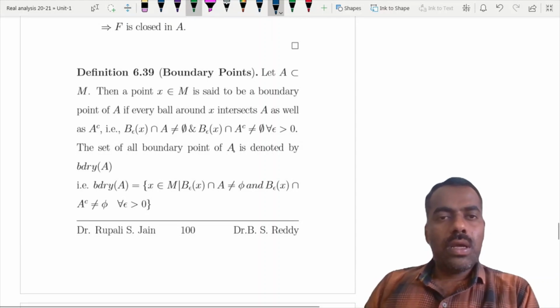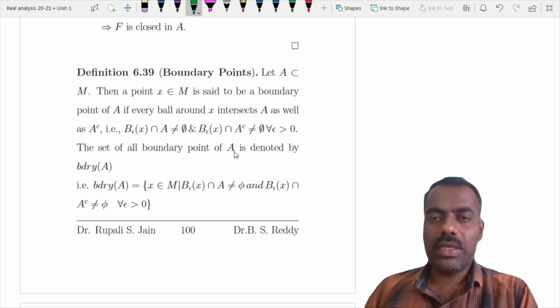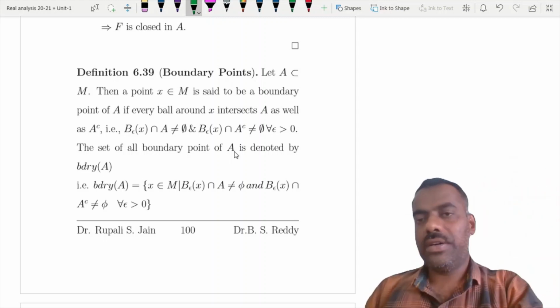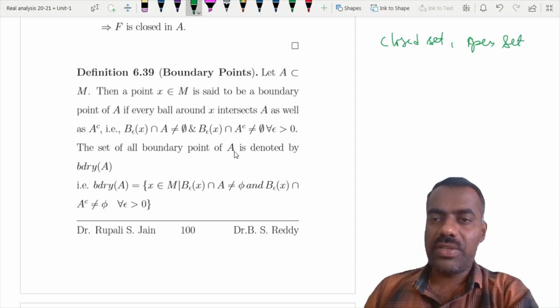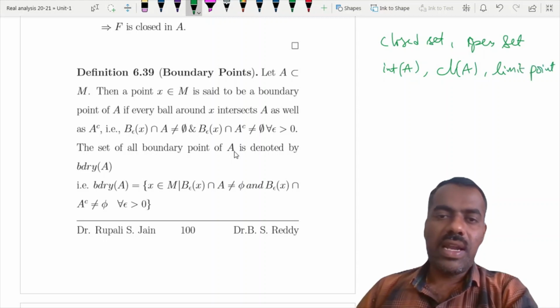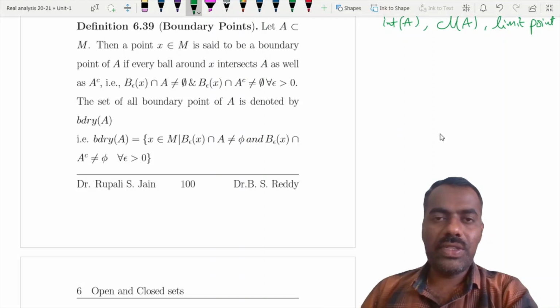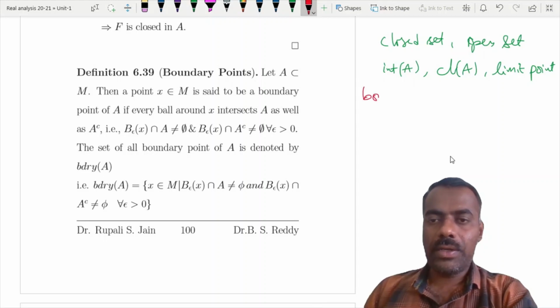So far we have seen closed sets, open sets, then the interior of a set, the closure of a set, and limit points. Now there are some other points we can relate. One of them is called a boundary point. What is meant by a boundary point?